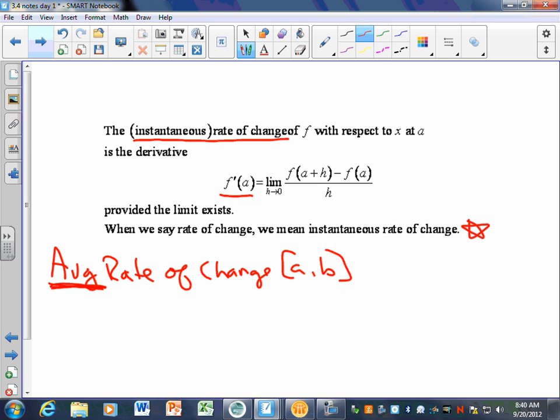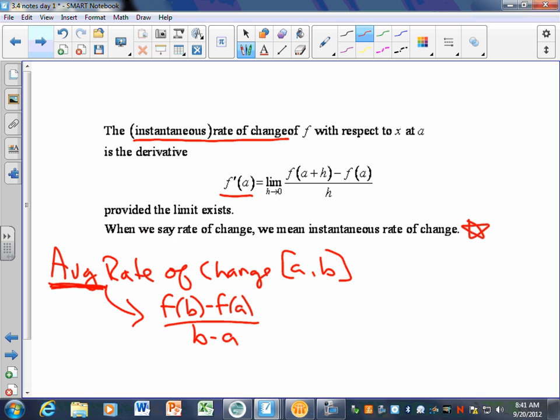You take the total distance divided by the total time. Or average rate of change is f(b) minus f(a) over b minus a. That's slope. What's under the limit is that, as h approaches 0.